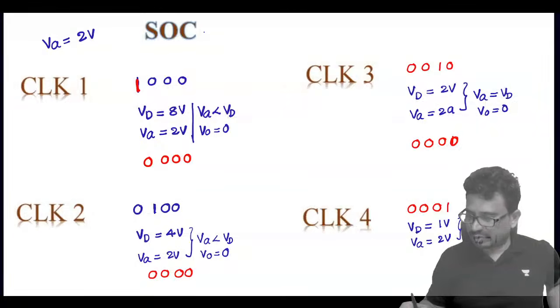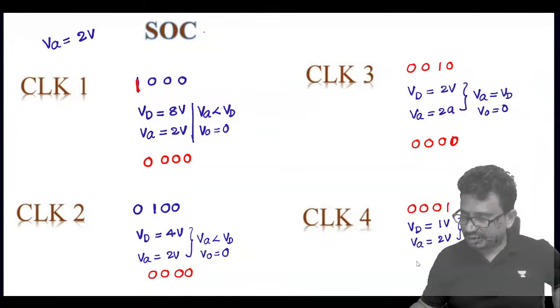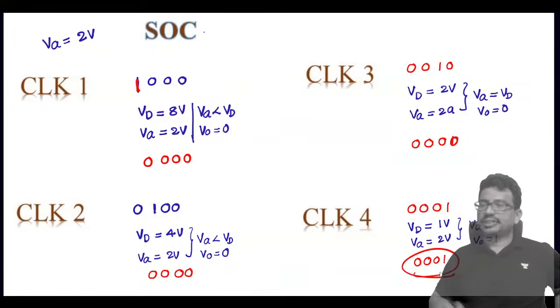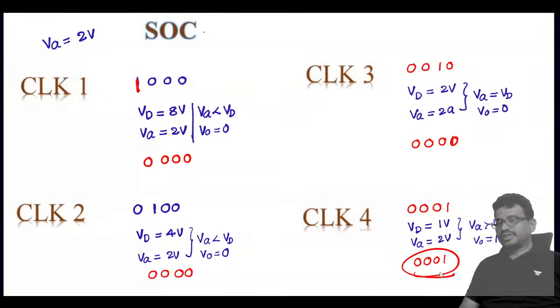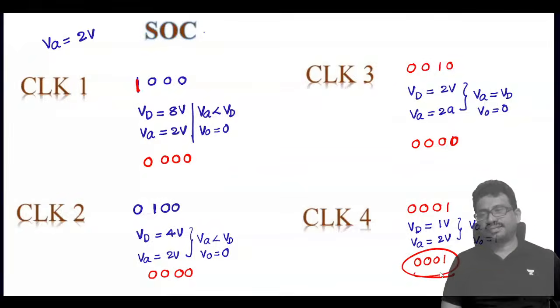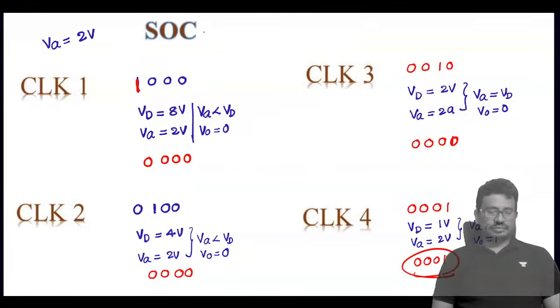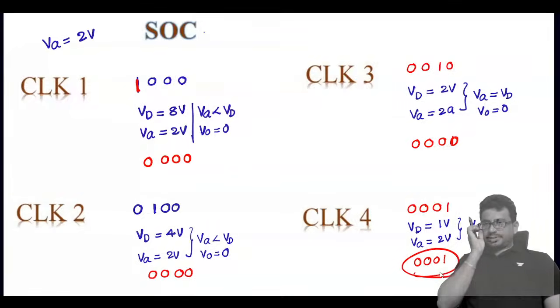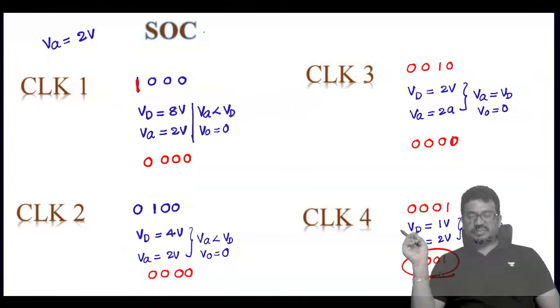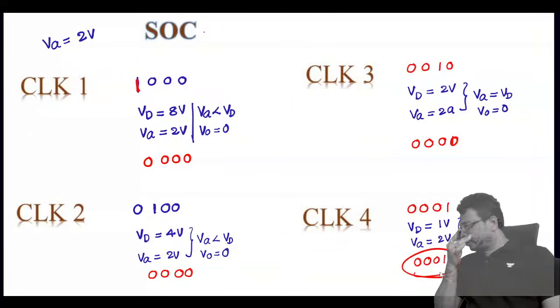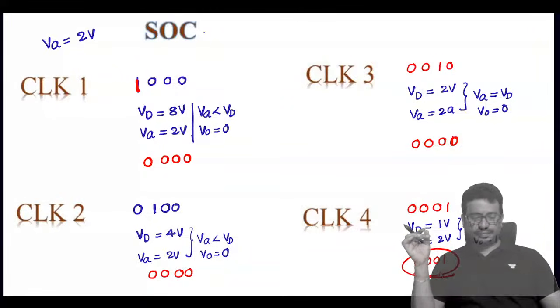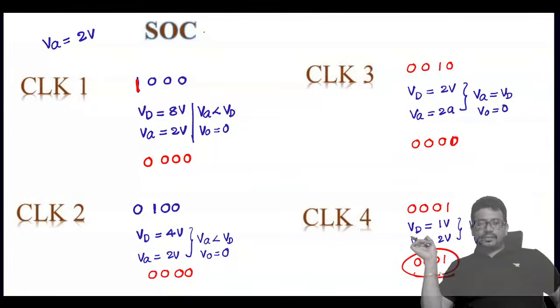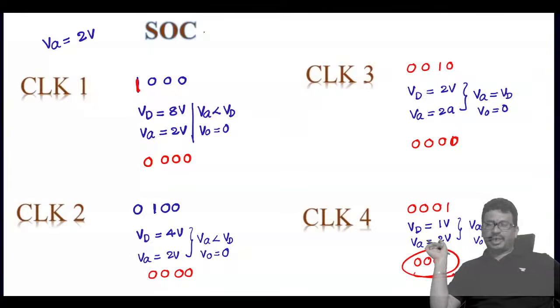So it will not reset, and it will maintain the bit as 0 0 1. So this is the corresponding output voltage. Understood this one? Okay.